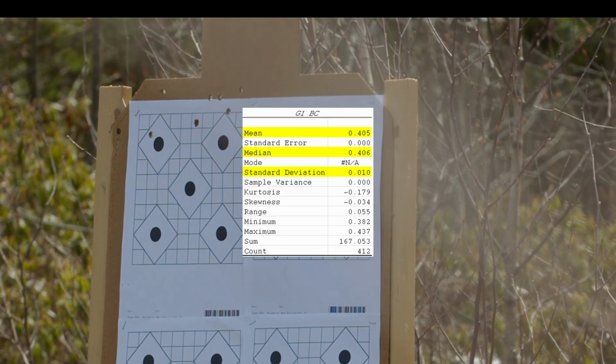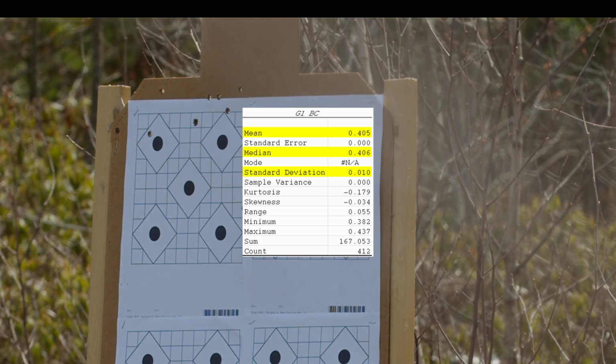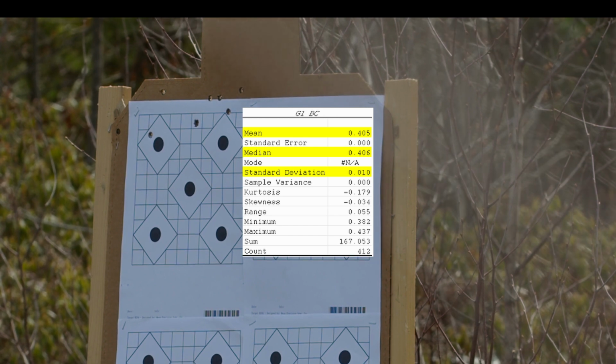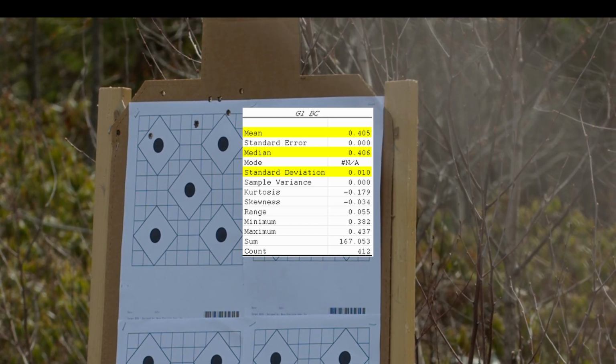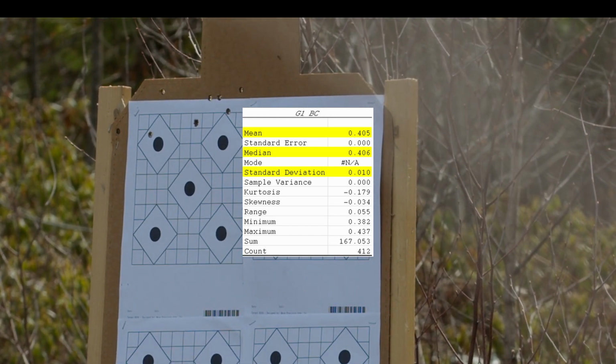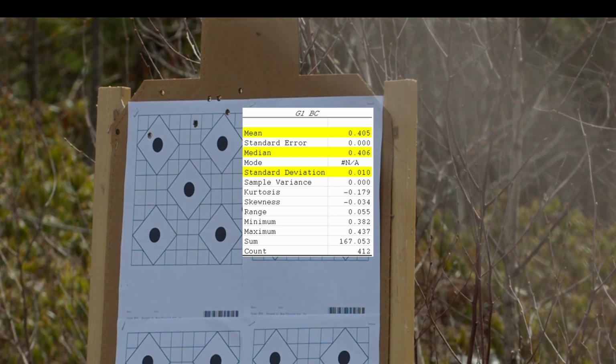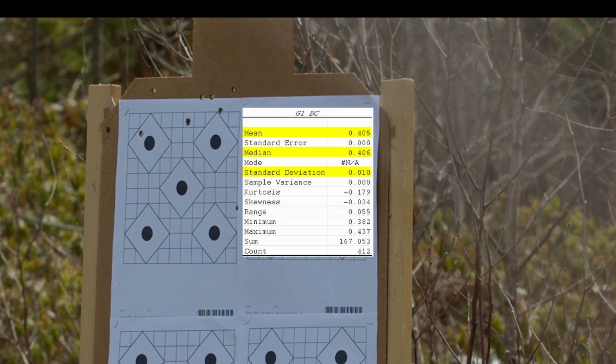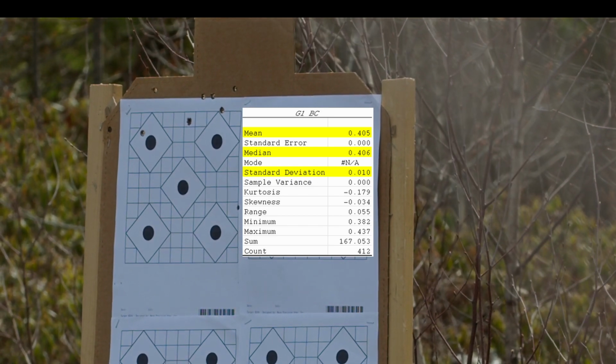Using the numbers from OnTarget TDS, as well as the track data from the LabRadar, I was able to do some further number crunching. We ended up with a median ballistic coefficient of 0.406.